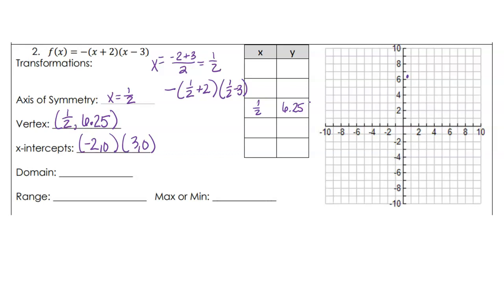Okay, then I'm going to use whole numbers. If I plug in 0, oh, there's my y-intercept, which will be 6. If I plug -1 into the equation, I get 4. So I'm going to mirror this so we can plot those points. I also know that my x-intercepts are (-2, 0) and (3, 0).